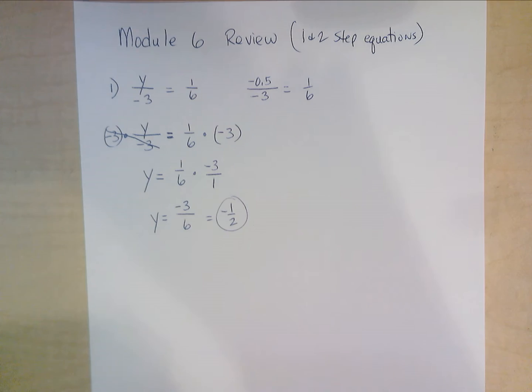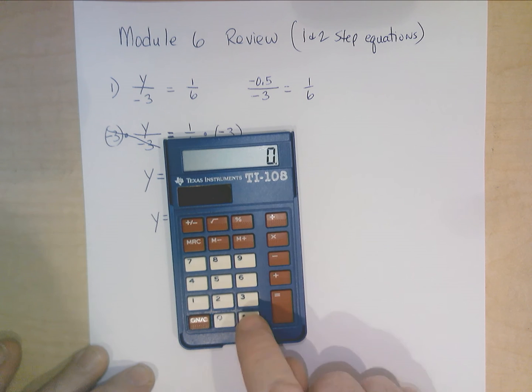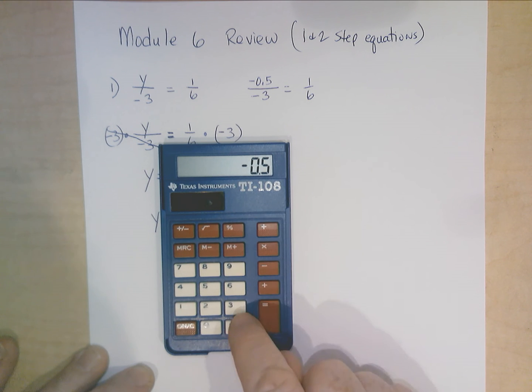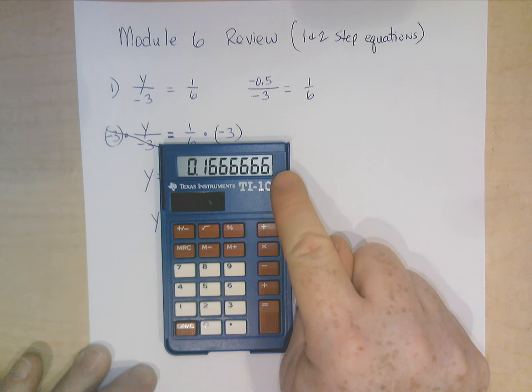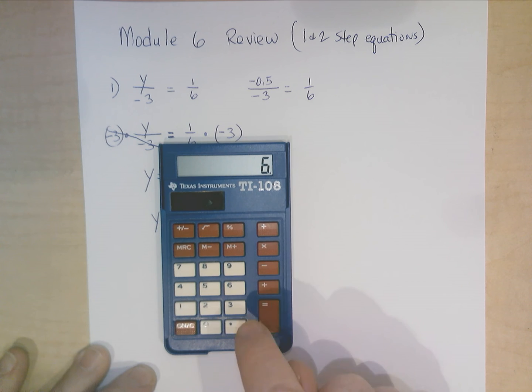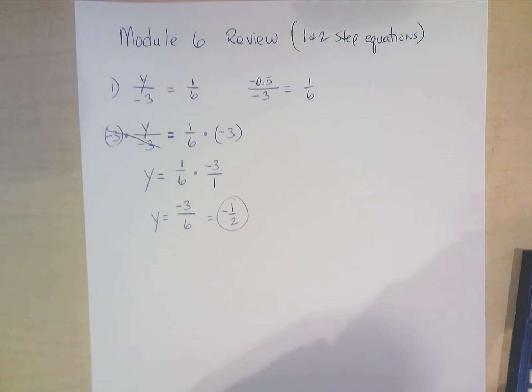So take 0.5, make that negative, divide it by negative 3, equals 0.166666. Is that 1/6? Well, 1 divided by 6 should be the same thing. Yep, same thing. They're equal to each other, so we have the right solution.